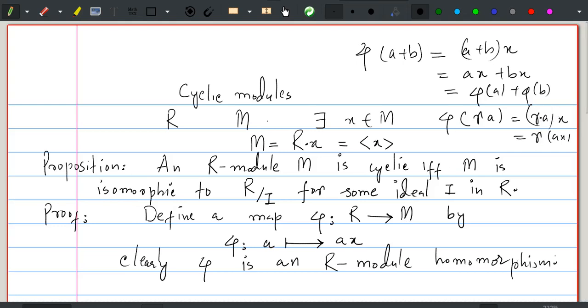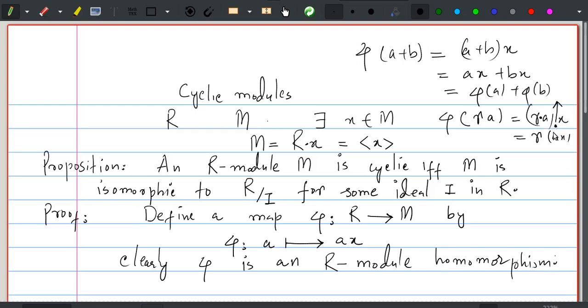Here this multiplication takes place in ring R and this is the scalar multiplication, so these are not the same operations.